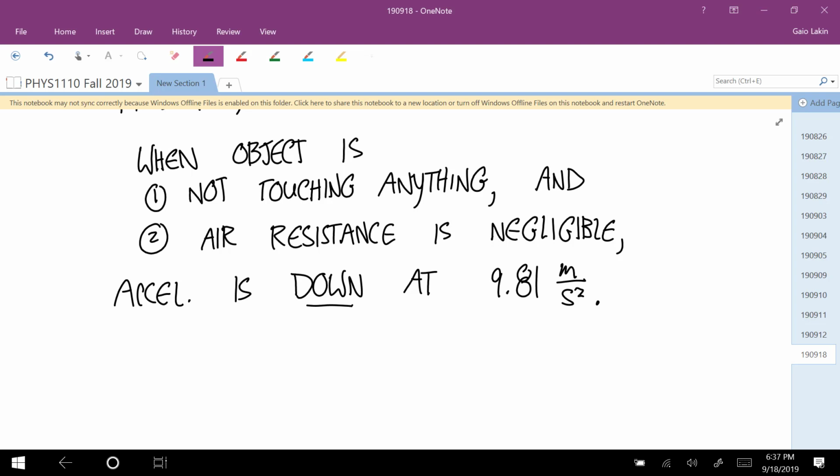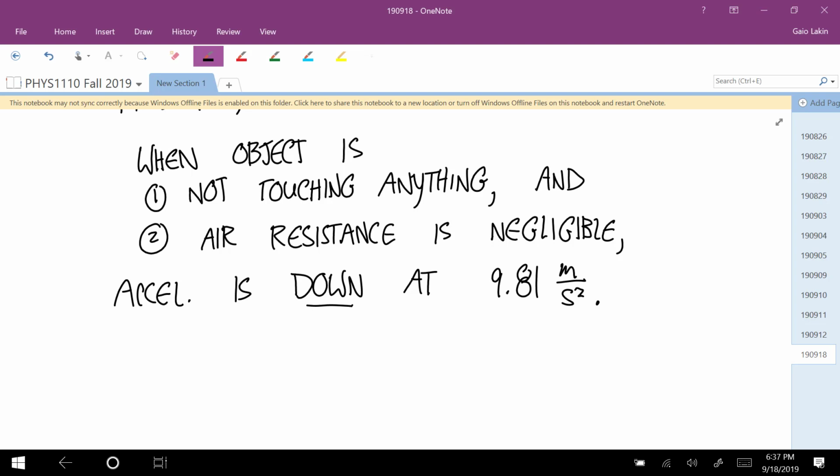If you take an object and you throw it up into the air, the instant it leaves my hand, it's in free fall, projectile motion. Right after it leaves my hand, what's the direction of the velocity? Up, right? As it goes up, is it speeding up or slowing down?